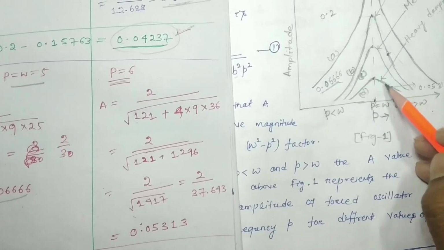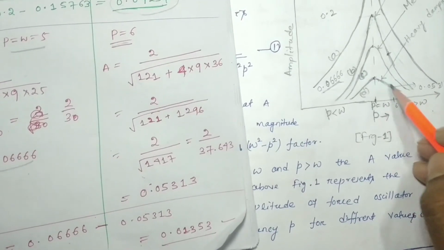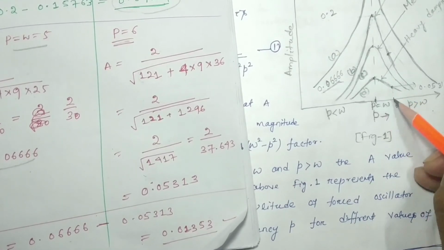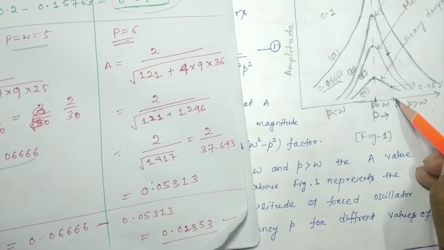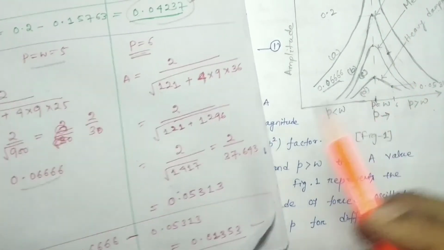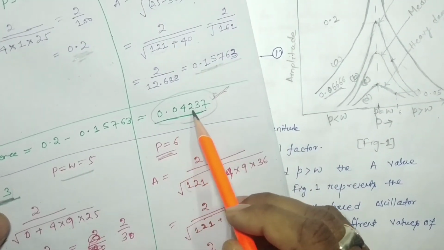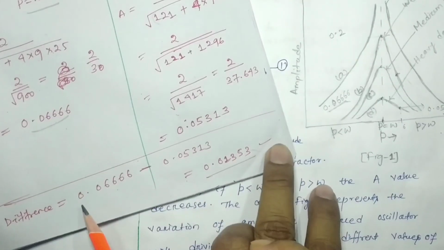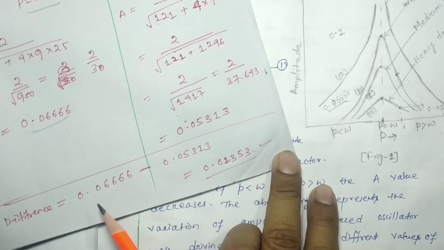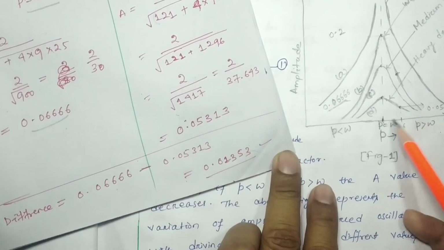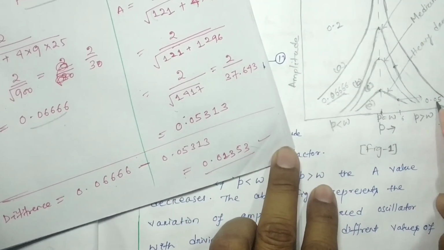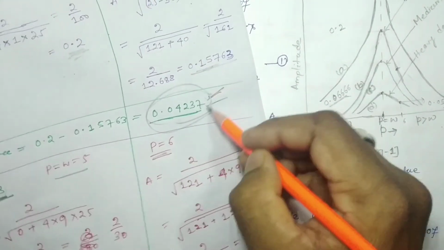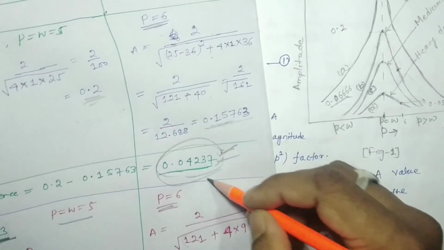So what is the difference between these? We can say the rate of fall of amplitude for the change from 5 to 6: for weak damping we found 0.04237. In this case we found 0.0666 minus 0.0531, equal to this one. You just compare this and this. Which one is larger? Larger is this one.